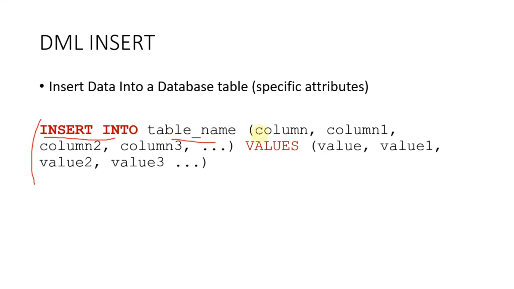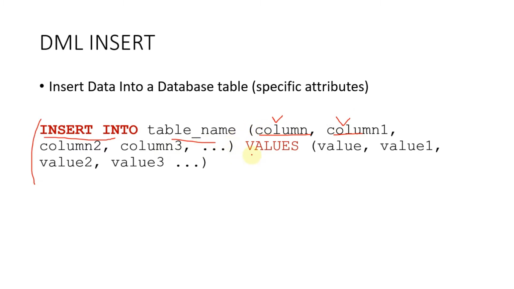This is the format for the insert query. First we need to type insert into, these two are keywords, then the table name, and then the columns lying inside the table. Suppose we have 5 columns in a table, so we can mention their names here in the list. It's up to our requirement how many columns we type here.